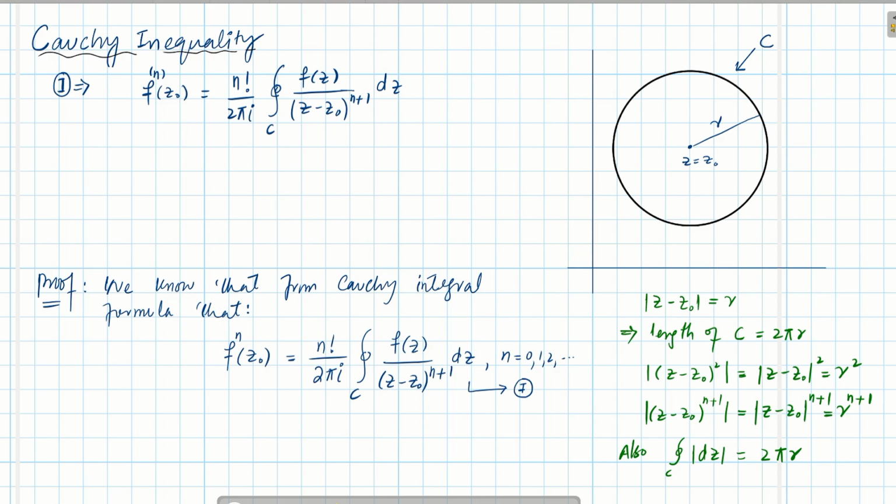Okay, so both side आप क्या करें, absolute ले लें. So absolute of the left side, and similarly the absolute of the right side.